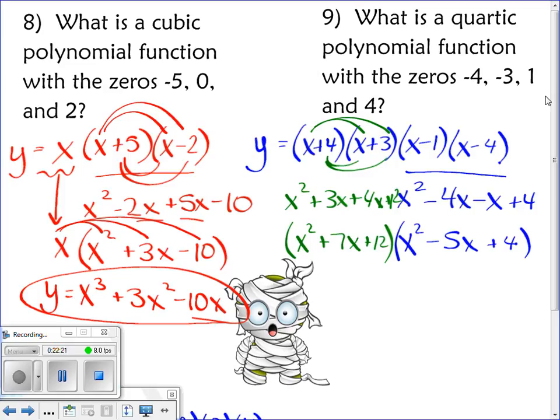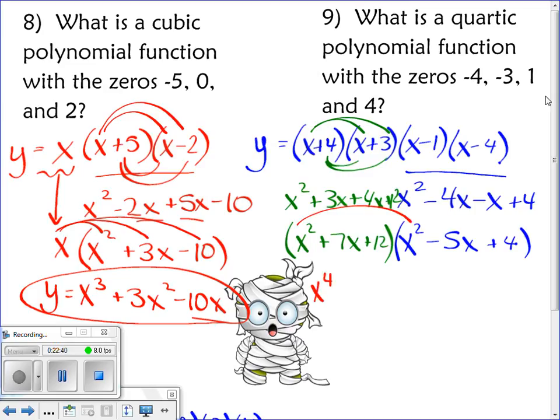So how fun is this multiplication going to be? See why I hate the word FOIL? FOIL doesn't work here. I need a 6-letter word to make this one work. All right, here we go. Whew.